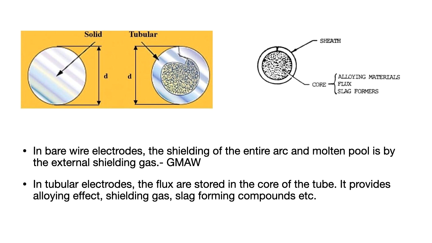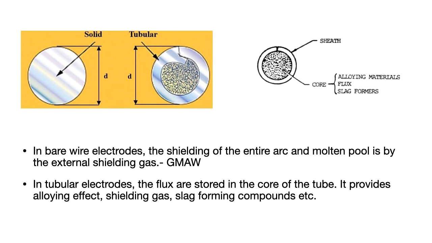Say for example, if you take a ballpoint pen refill, it is very similar to a tubular electrode, where you can see in the ballpoint pen refill the ink is kept inside the tube. Similarly, fluxes are kept inside the tube for flux core arc welding, where we have a tubular electrode. That is the only basic difference.